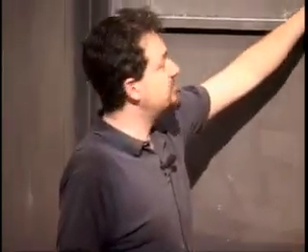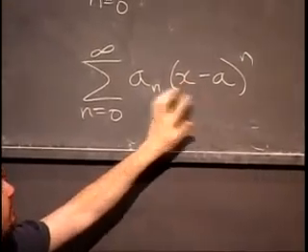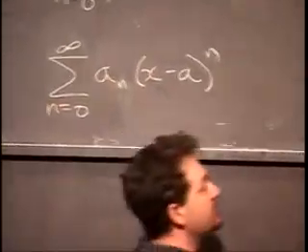Of course, I won't be able to fit all these crosses and checks in there, but I'll try to give an example of what's going on. One thing I can say for sure is that when I plug in a, the center of the power series, everything vanishes except the first term, so it definitely converges at a.